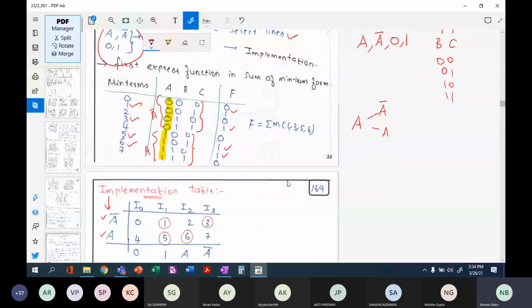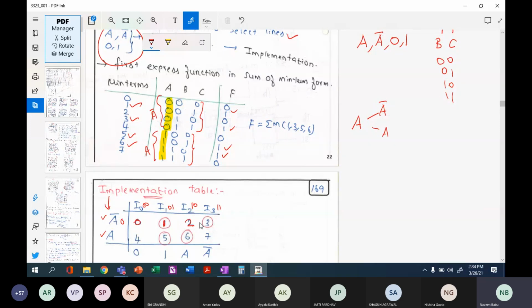So just list down the min terms. A bar corresponds to 0, and 00 corresponds to I0, so 000 corresponds to 0. Just write the min terms here. I1 corresponds to 01, so 001 corresponds to 1. Don't look at the circle here, I'll explain now. I2 corresponds to 10, so 010 corresponds to 2.